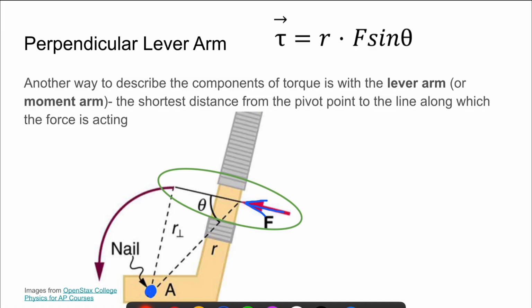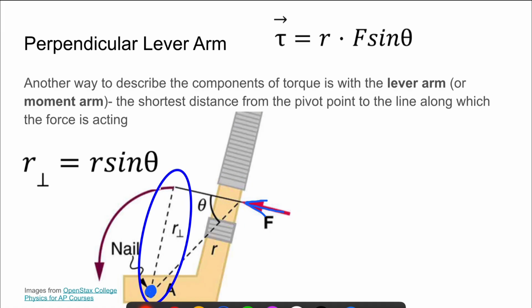And at some point along that line, there's going to be a perpendicular distance between the line of that force and the pivot point. That perpendicular distance is what we would call our lever arm or our moment arm. So it's the shortest distance between that line of force and the pivot point.